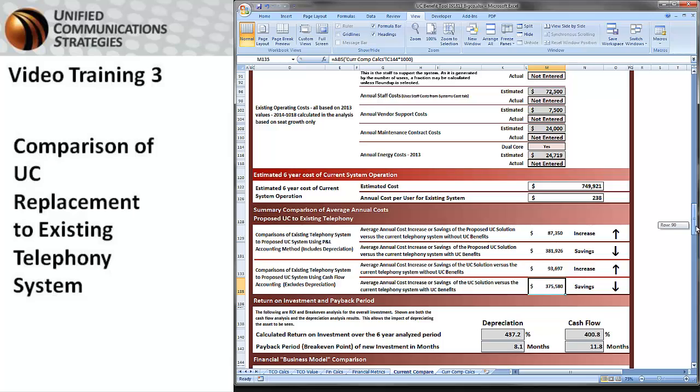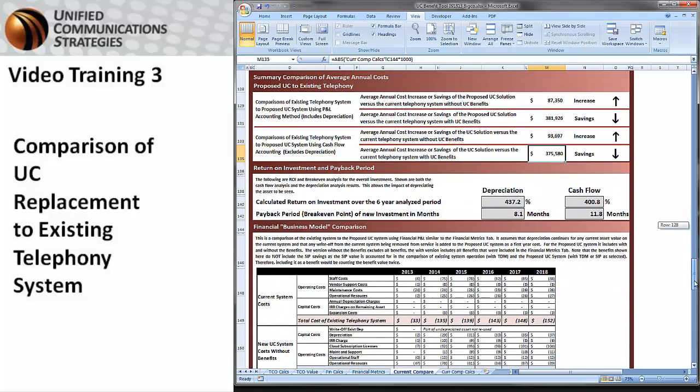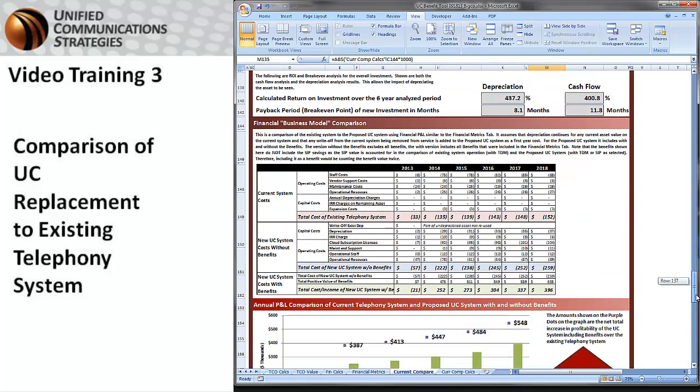As we scroll down a little bit farther in this tab, you see the same depreciation and cash flow as in the ROI tab, just put there for reference, and then a complete financial business model comparing the current system, which you can see starting, because of the proration, at $33,000 in 2013, going to about $135,000 to $152,000 because of, again, that growth. So there is some expansion there and some purchase of additional equipment.